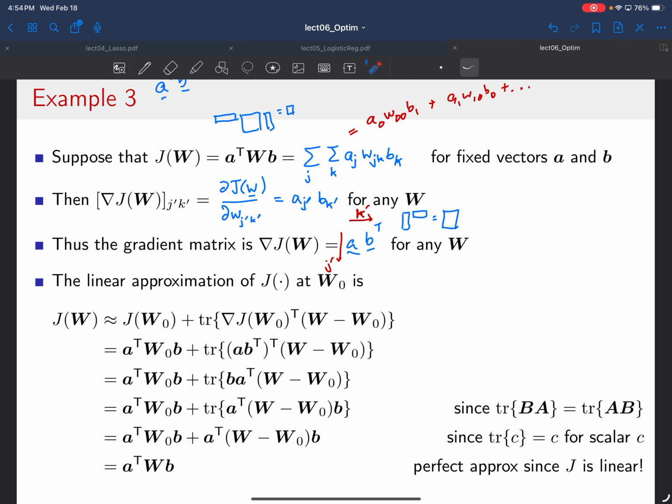In one dimension, if I gave you a line, maybe just an arbitrary line, I said, this is my function. This is just the scalar case, so we can draw it. And I said, what is the linear approximation of J around that point? What would it be?